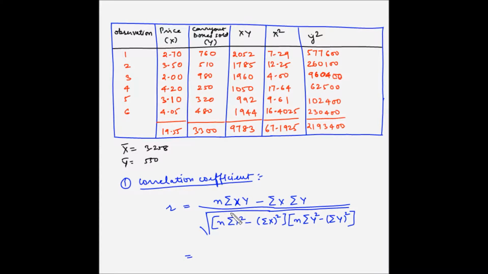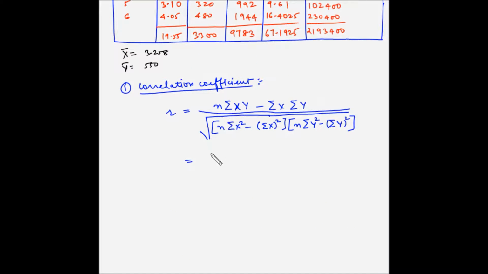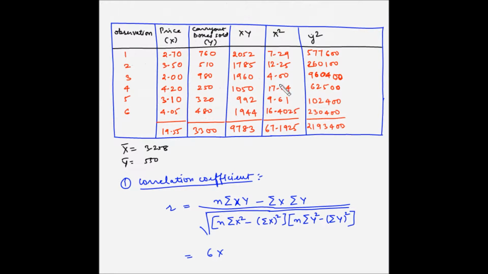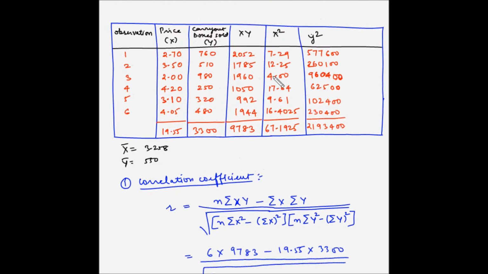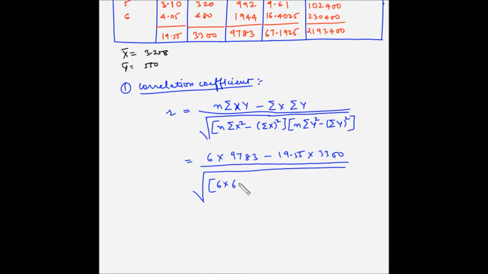So let us now plug in these values in this formula. N is 6 multiplied by sigma xy, which is 9783, minus sigma x, which is 19.55, multiplied by sigma y, which is 3300, divided by n, which is 6 multiplied by sigma x square, which is 67.1925, minus sigma x square.